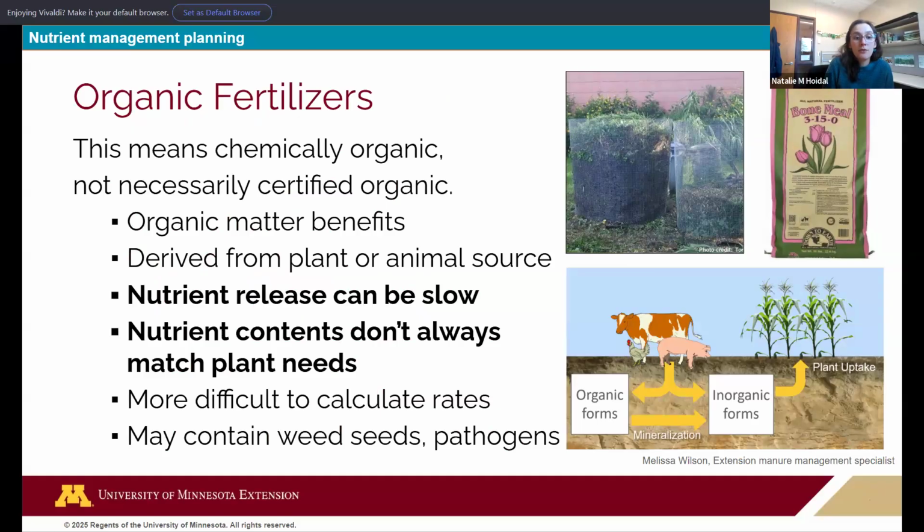We also have a lot of organic fertilizers that are byproducts, like fish waste, bone meal, blood meal. Some of these are really specific. There are two pictures on the top. One is just a compost pile. The second is a bag of bone meal that does have a labeled NPK ratio. So organic fertilizers can have that.